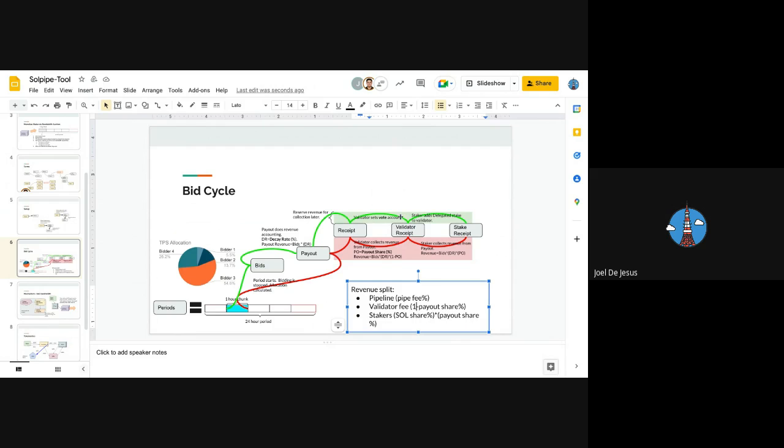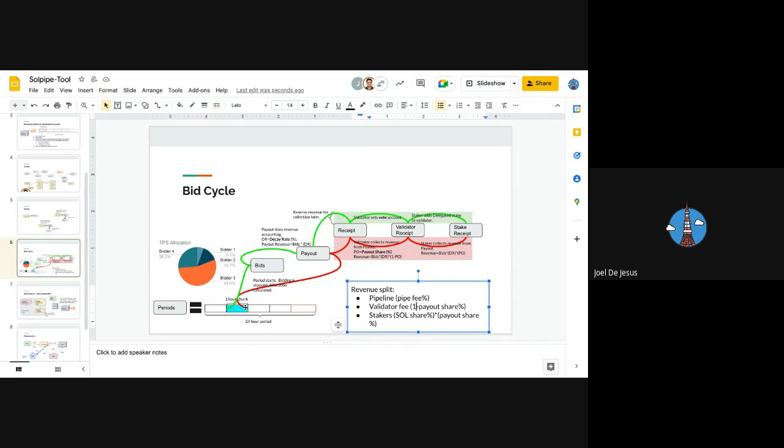The validators will create these receipt accounts for themselves, and the stakers have to register themselves with a payout account and say, hey, pipeline, this validator registered with you for this period. I have 5,000 SOL, so I'm registering. You need to pay me out.